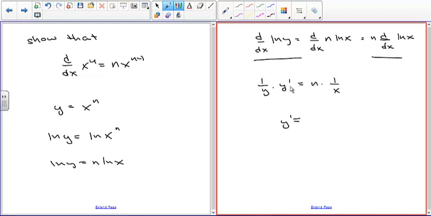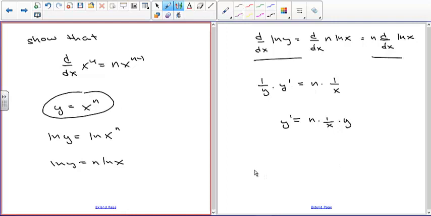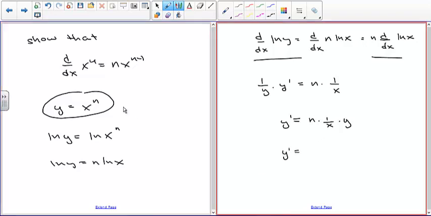Then what we do is multiply both sides by y. So we get n times 1 over x times y. But we go back to our original expression to rewrite the whole right-hand side in terms of x. So for y, we put in x to the n.